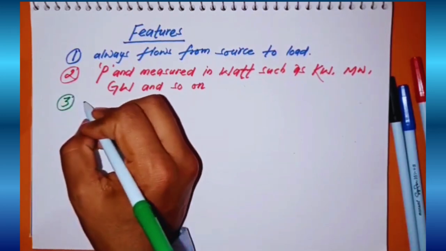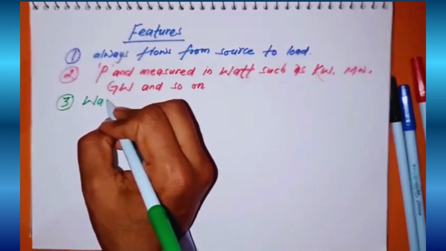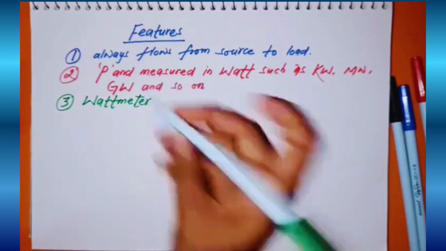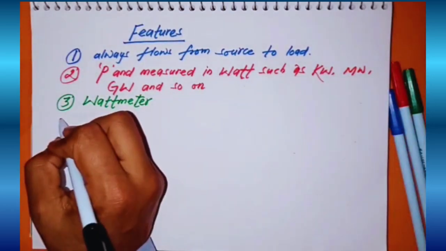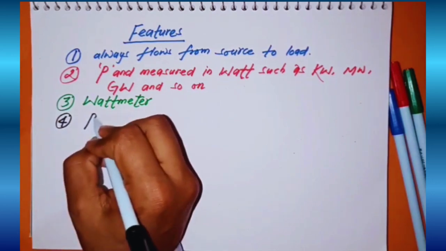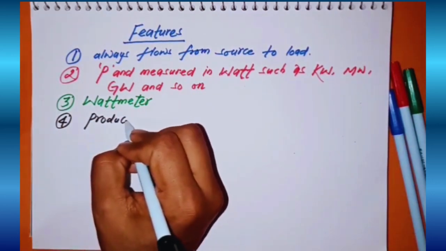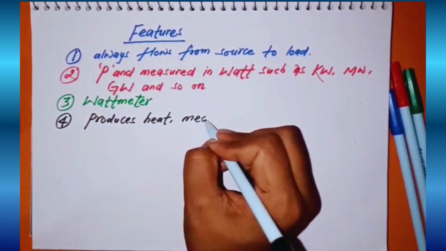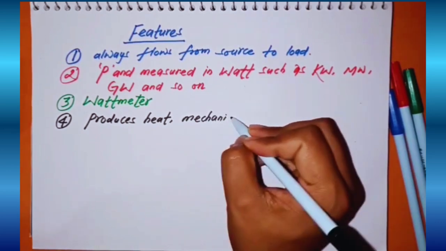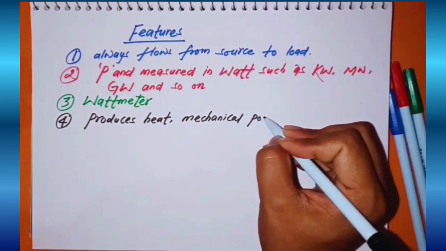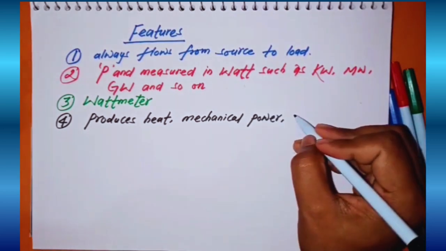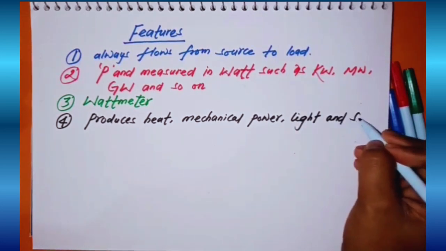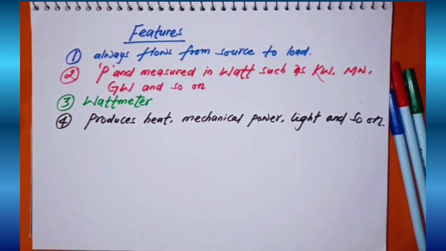Active power is measured using watt meter. Active power produces heat, mechanical power, light, and so on.